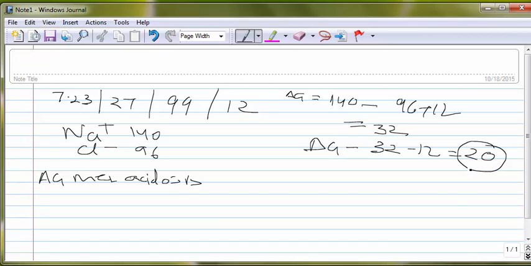Okay, so if we add delta gap to our present bicarb, it should be 24. See what it is now? It is 20 plus 12 is 32. So that means, see, ideally your bicarb should have dropped by 20 units.